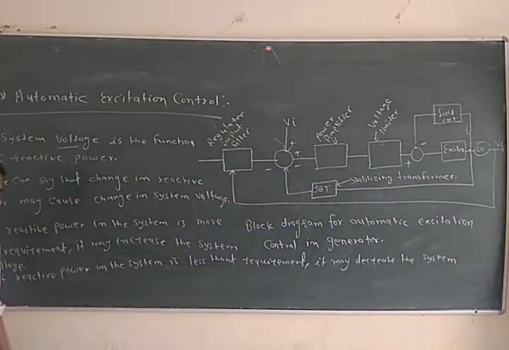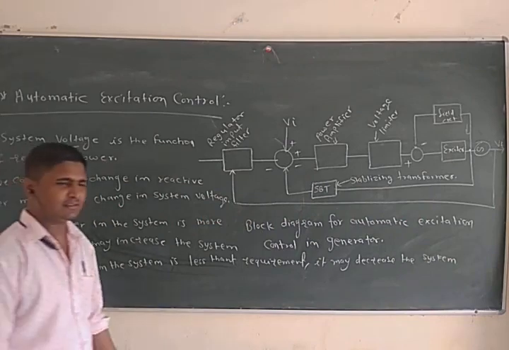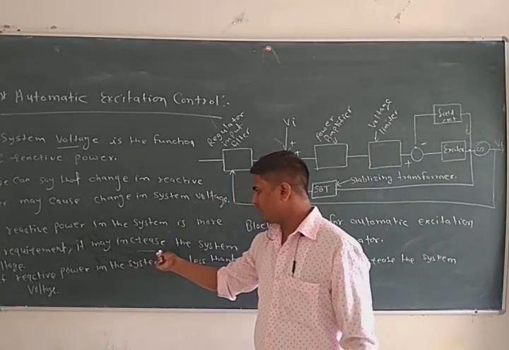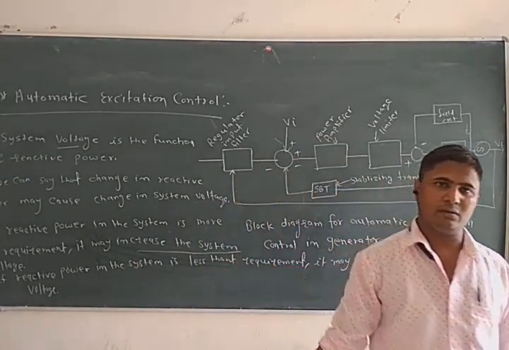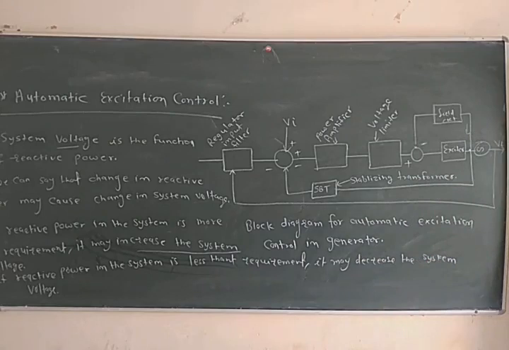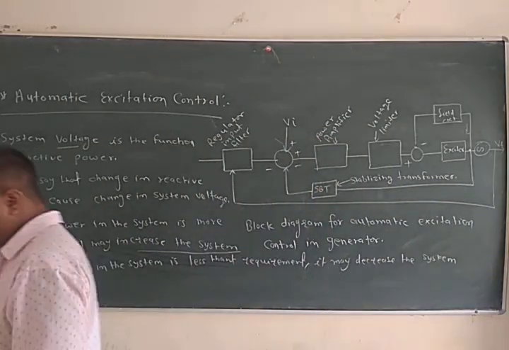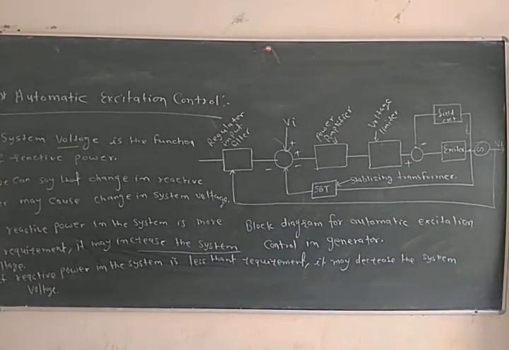Means if we have to maintain the system voltage, then reactive power in our system should be constant or should be within a limit. So now next we discuss methods to control the reactive power in our system.